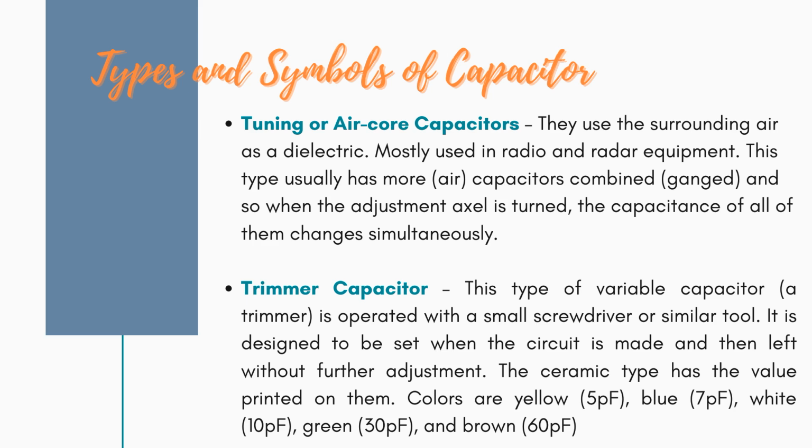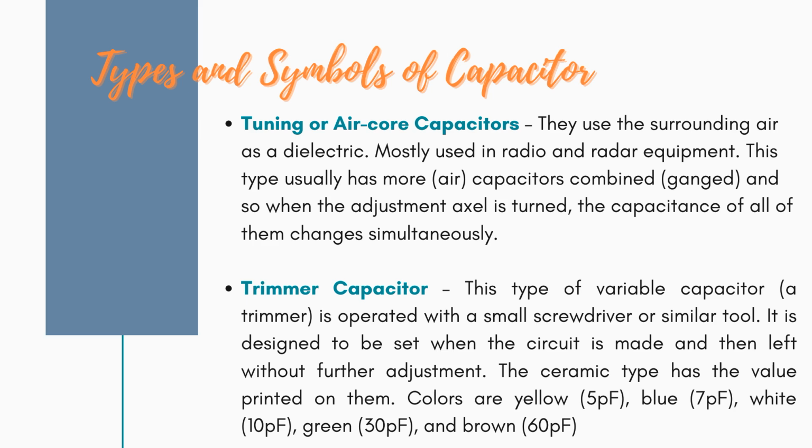2. Trimmer capacitor. This type of variable capacitor, a trimmer, is operated with a small screwdriver or similar tool. It is designed to be set when the circuit is made and then left without further adjustment. The ceramic type has the value printed on them.